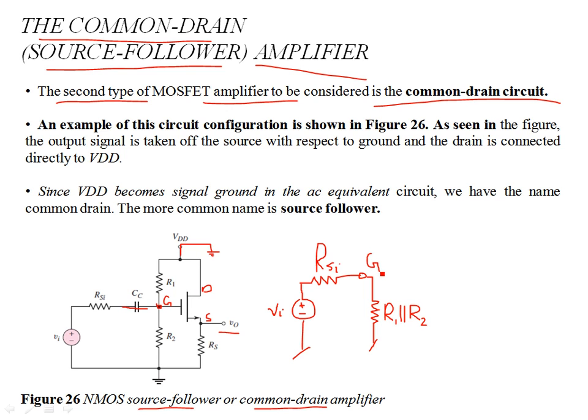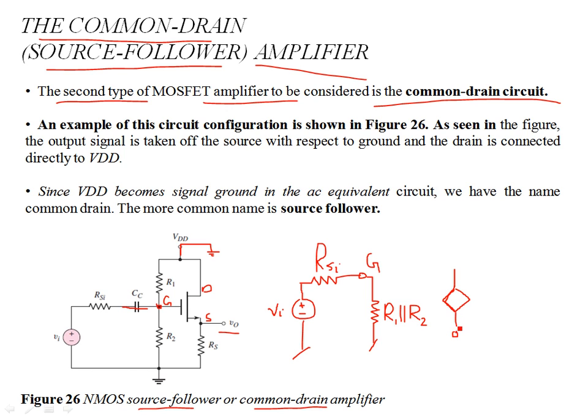Then if I start with the source, first of all, you see the direction of the current is outwards, out from the source. So I can draw the current source, because I know that the NMOS common drain amplifier is a transconductance amplifier in nature.